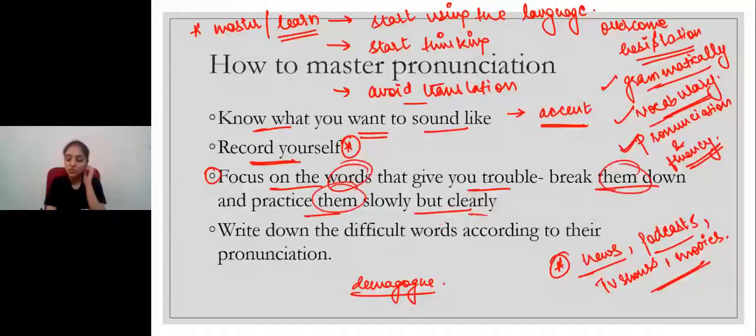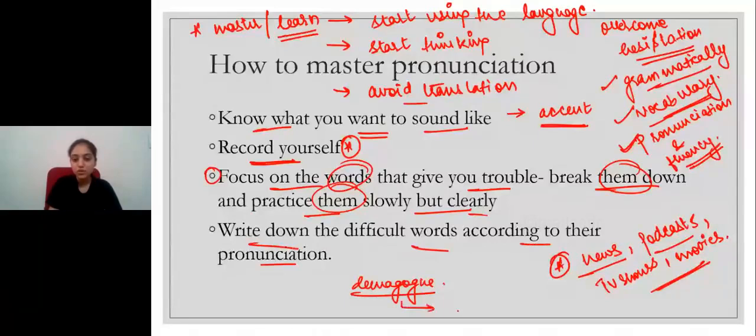Suppose demagogue is one such word in which you are facing a problem. This is just an example. What you need to do is break down the word demagogue. This is what the next point says: write down the difficult word according to the pronunciation.